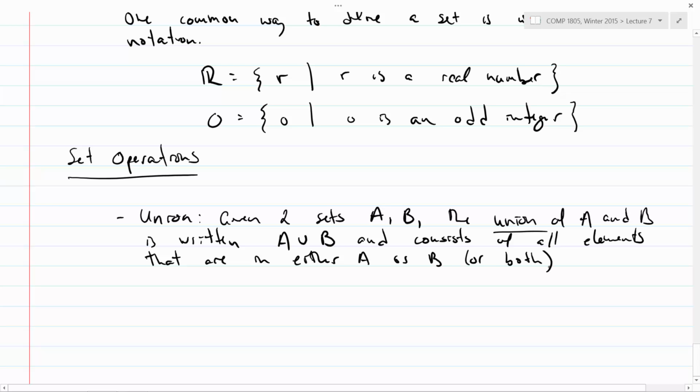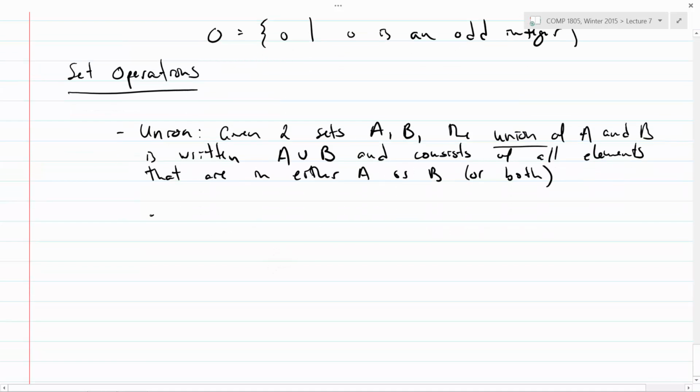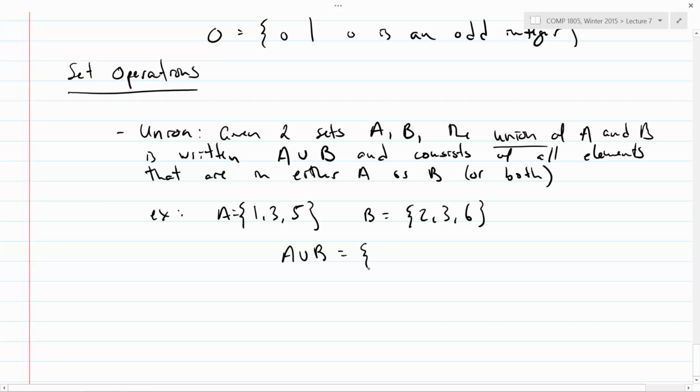Both is fine too. It's not an exclusive or. So as an example, if I had A as the set {1, 3, 5}, and B as the set {2, 3, 6}, what is A union B going to be equal to? {1, 2, 3, 5, 6}, right? It's everything that's in either set. Okay?